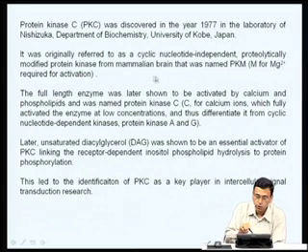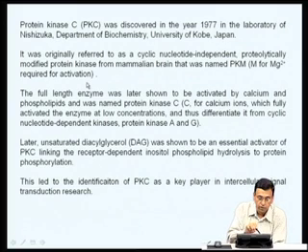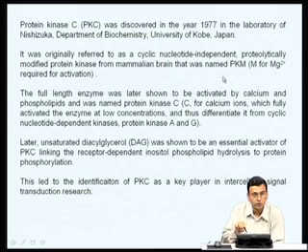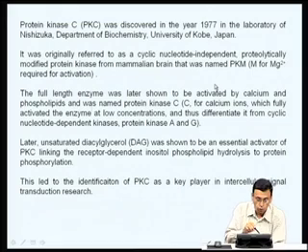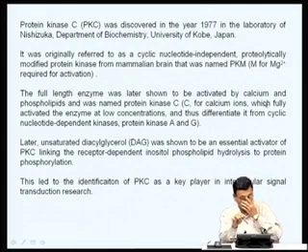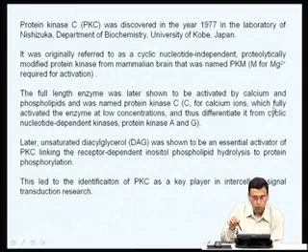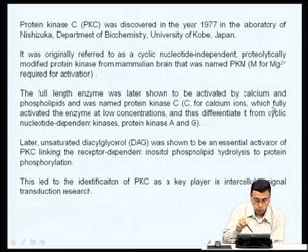It was originally referred to as the cyclic nucleotide independent proteolytically modified protein kinase from mammalian brain, which was named PKM primarily because magnesium is required for its activation. The full length enzyme was later shown to be activated by calcium and phospholipids and was named protein kinase C, C standing for calcium ions, which is required for activation of this enzyme at very low concentration.